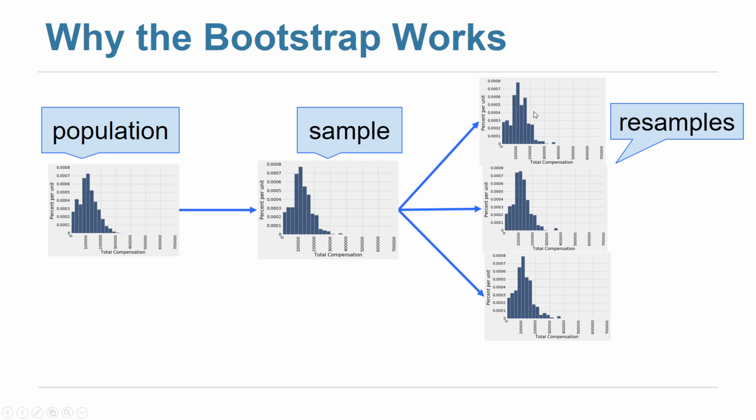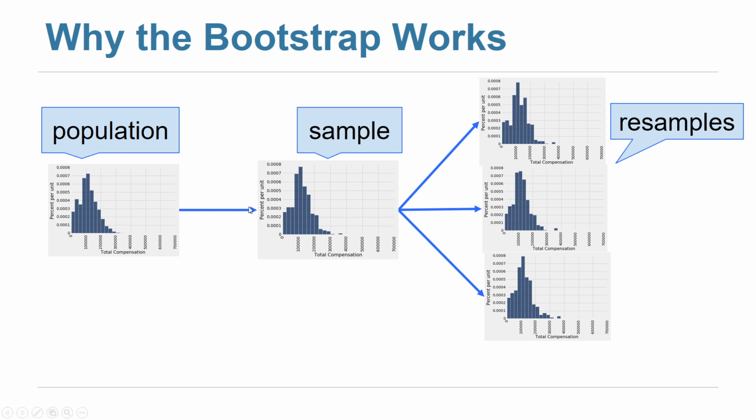And since these samples are coming from that sample, they will also, with high probability, be similar to the distribution of the sample, and thus of the distribution of the population. So that's the idea of the bootstrap method.